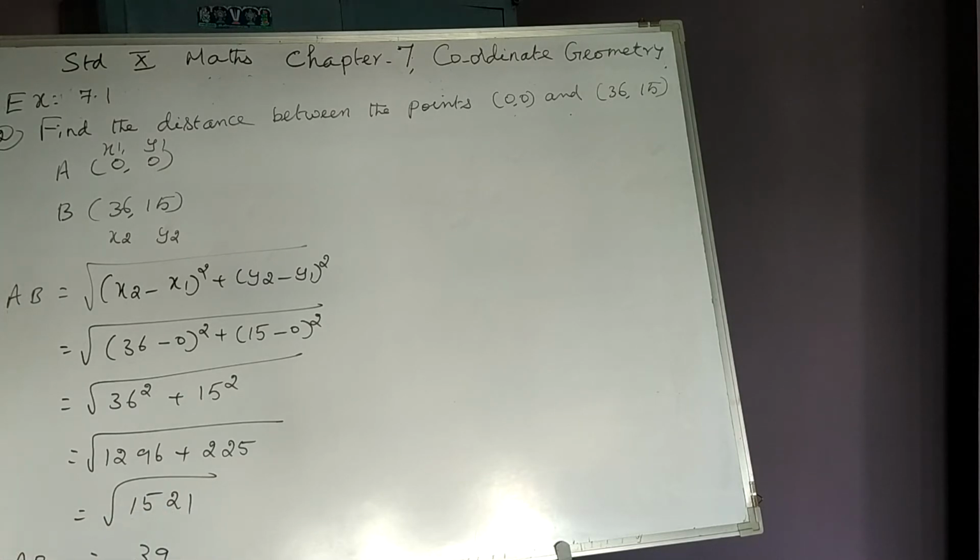Therefore, distance between the 2 points A and B is 39 units.